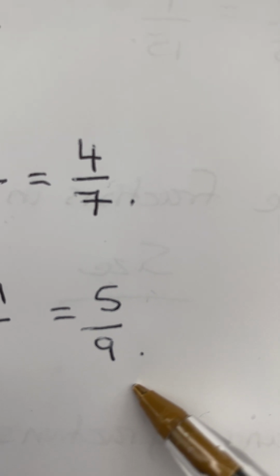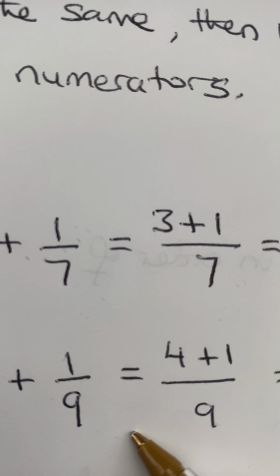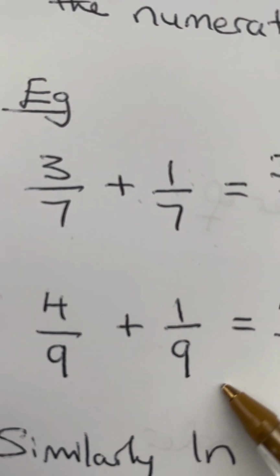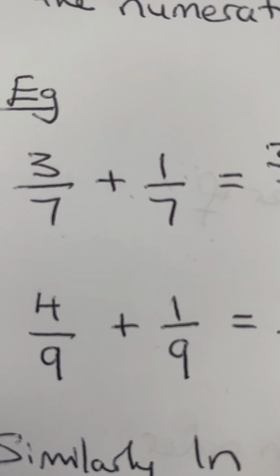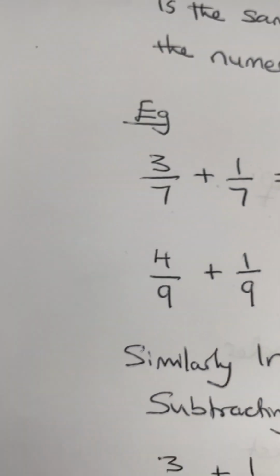Again, remember, we do not add the denominators. If the denominators are the same, we add the numerators and divide by the denominator.